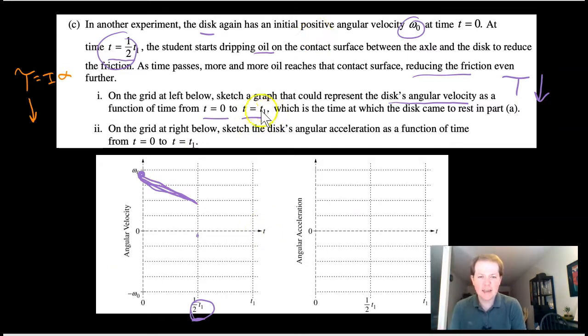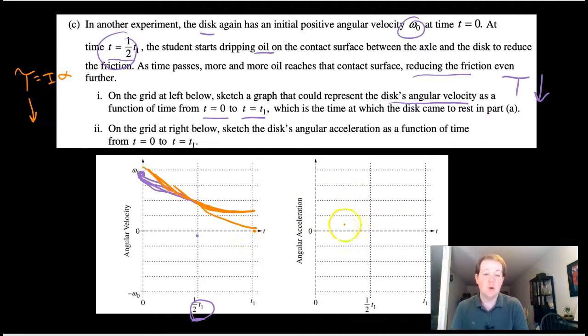Now, if it's stopping at t1, I should still probably get back to 0 here, but I need that changing slope. It needs to curve like this. So it should be curving. Maybe if I made my line steeper and it curving like that. So it should definitely be curving in this second part. If I have time left, I'll clean this up a little bit.